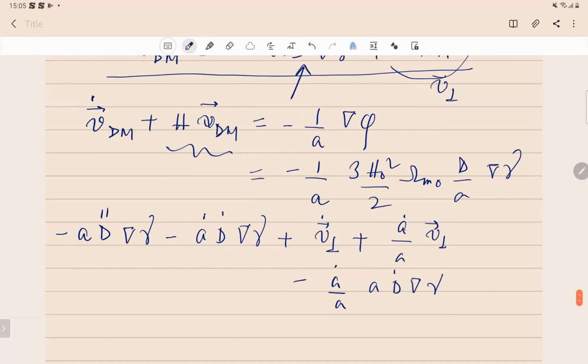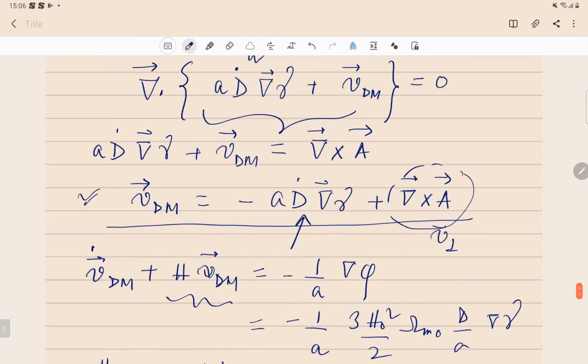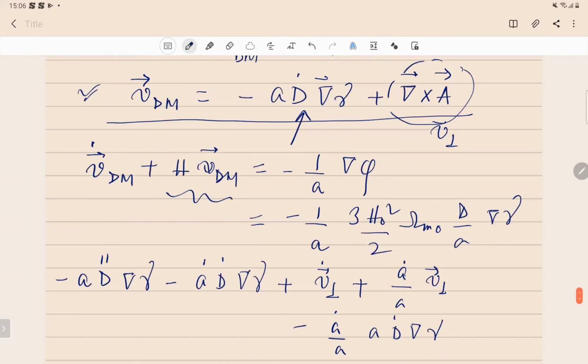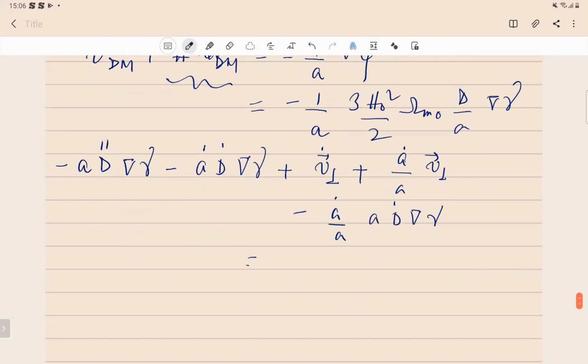Now we have written everything, and on this side we have minus 1 over a squared, 3 H naught squared by 2 omega matter naught d grad xi.